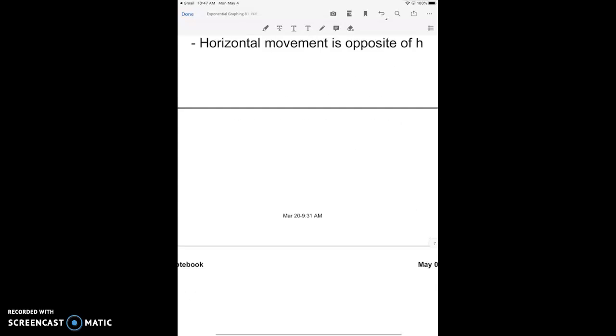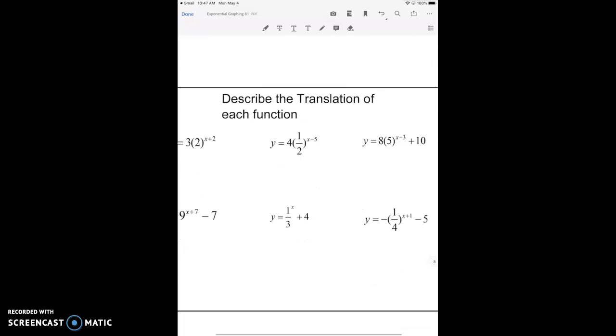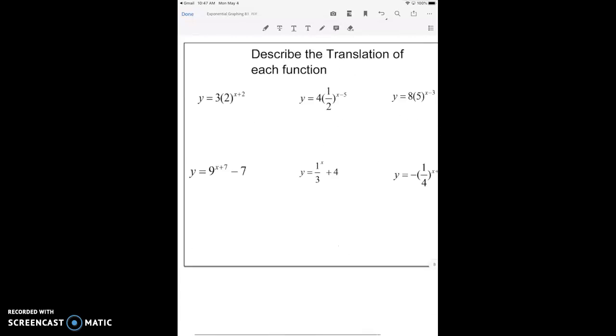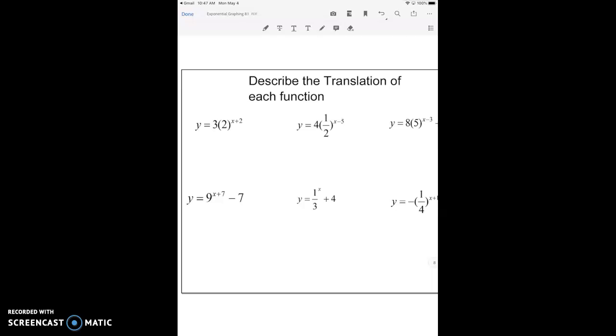So first, let's take a look. We're just going to describe the translations. I need to be able to identify what each piece is here. Looking at this first one, I see an a, a b, the x, and an h. There is no k in this case, so that's okay.